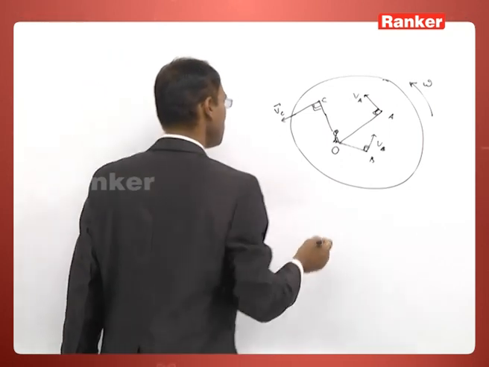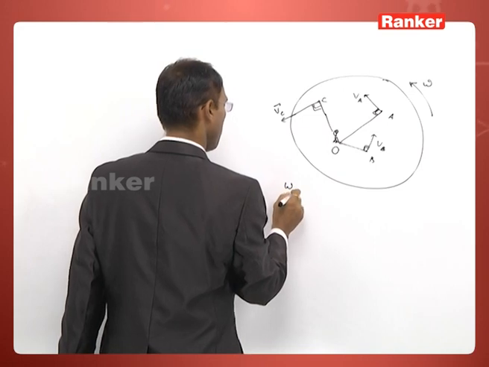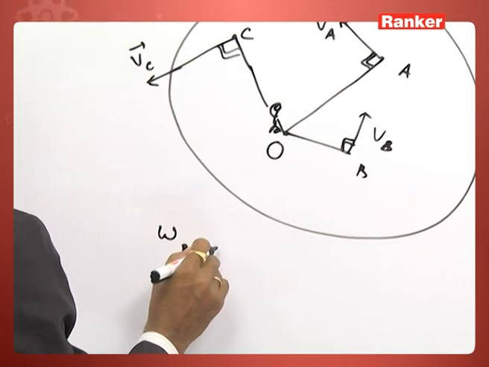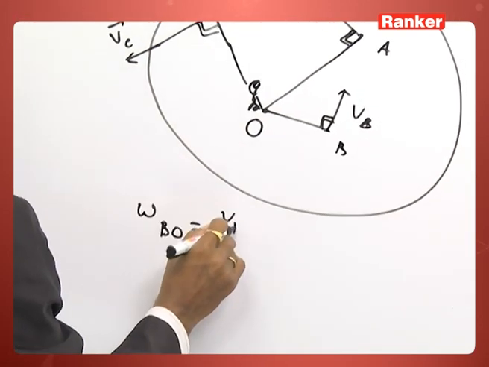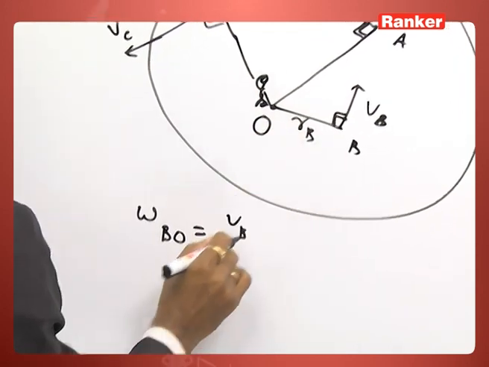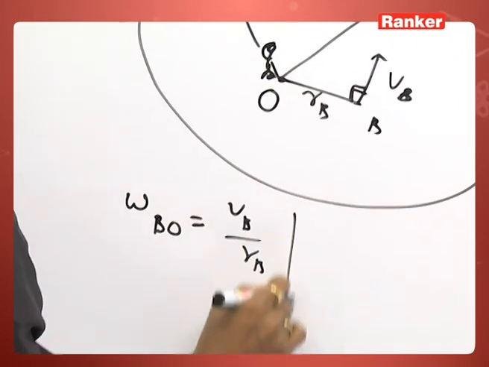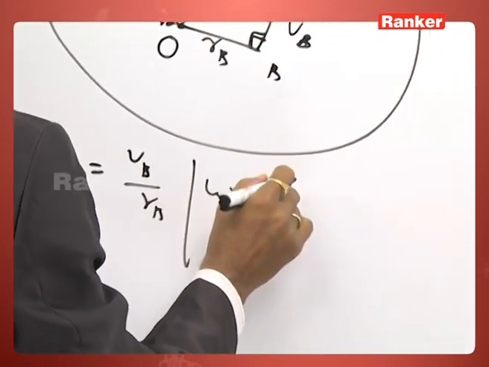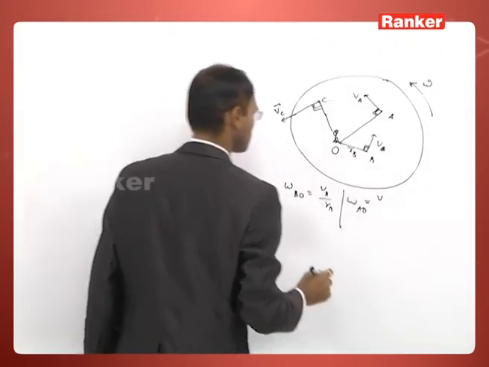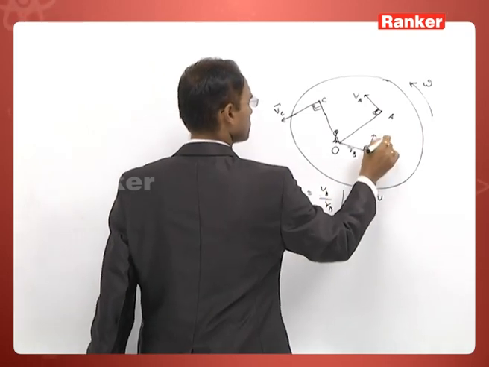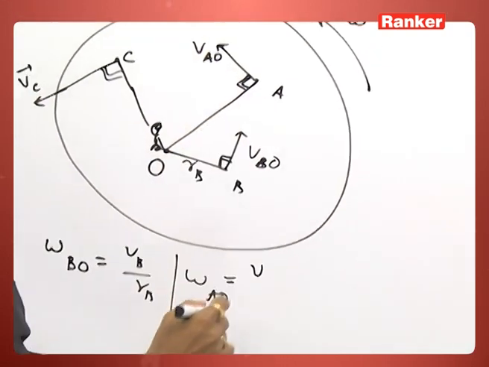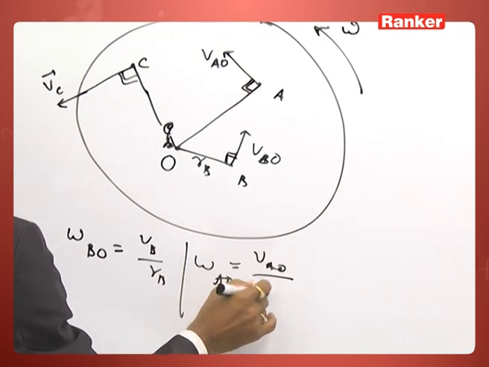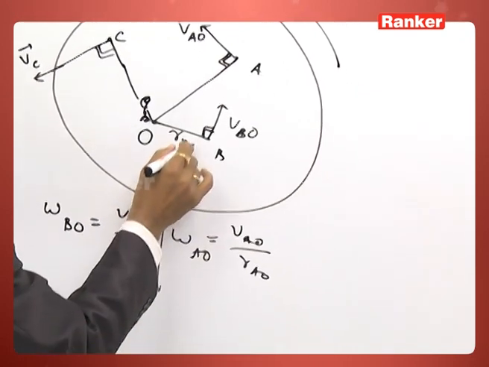So omega BO is equal to V_B by R_B. Omega AO is equal to V_A by R_AO.